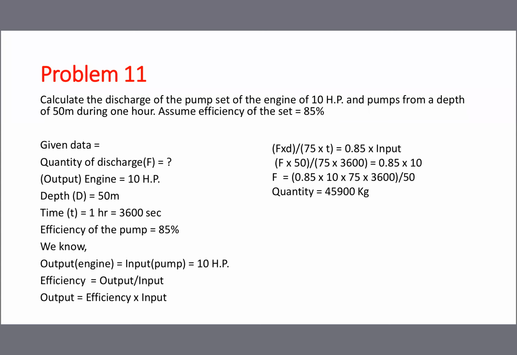So read the third line from the bottom. Output of engine is equal to input of pump, which is 10 HP. Here the output of the engine is given. You take it as input of pump. So apply the formula. The common efficiency formula only we have applied.